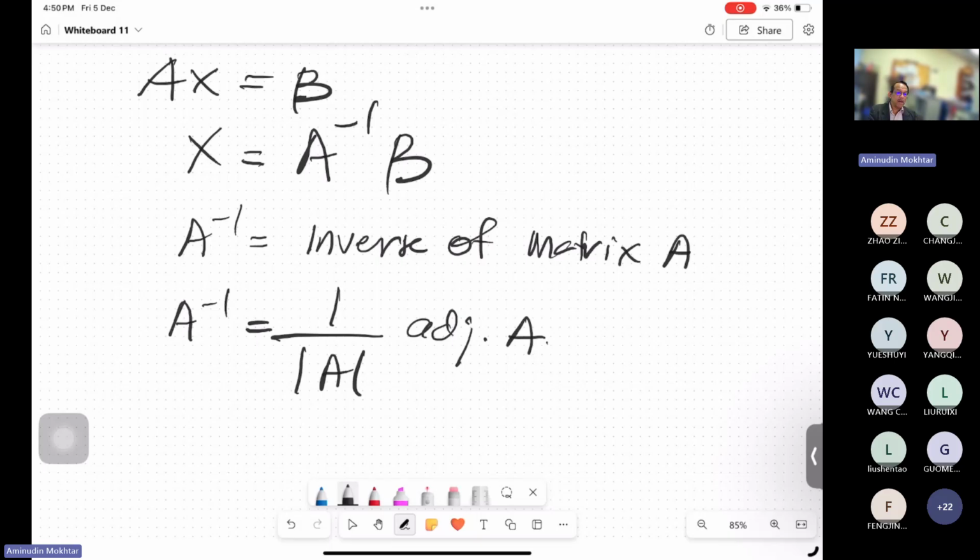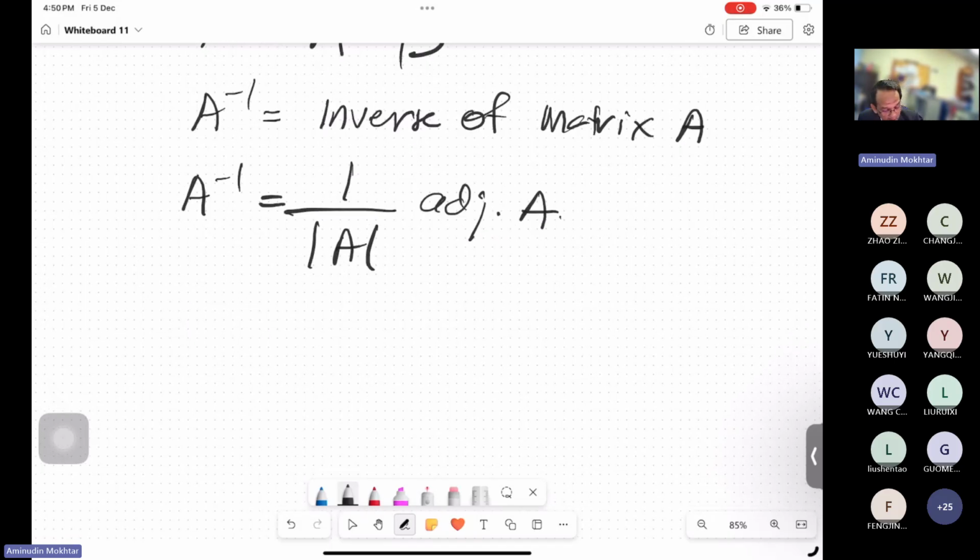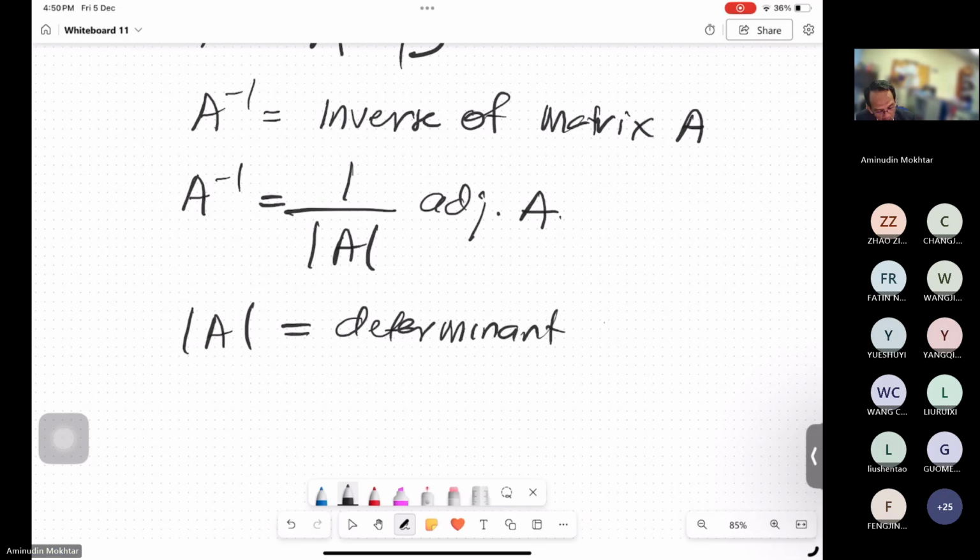The first one is, what is this? The absolute of A. In mathematics, we call it the absolute of A, but in matrix, this is known as |A|. This is the determinant of matrix A. A to the power of -1 is the inverse.